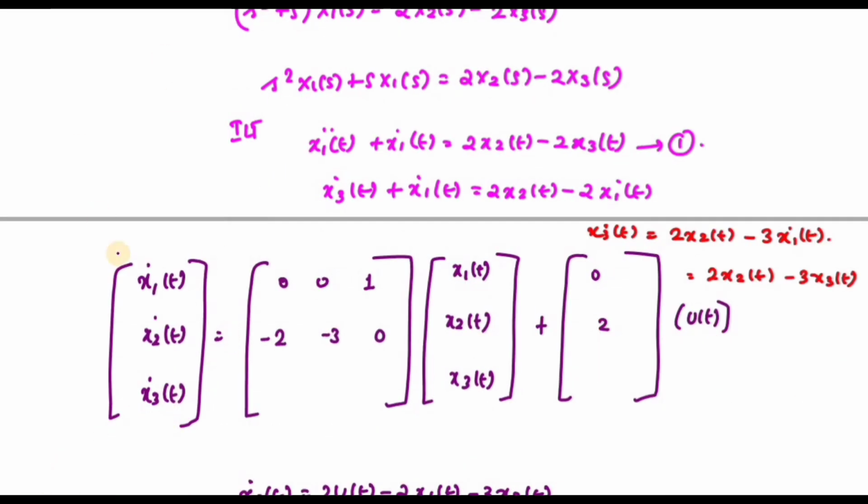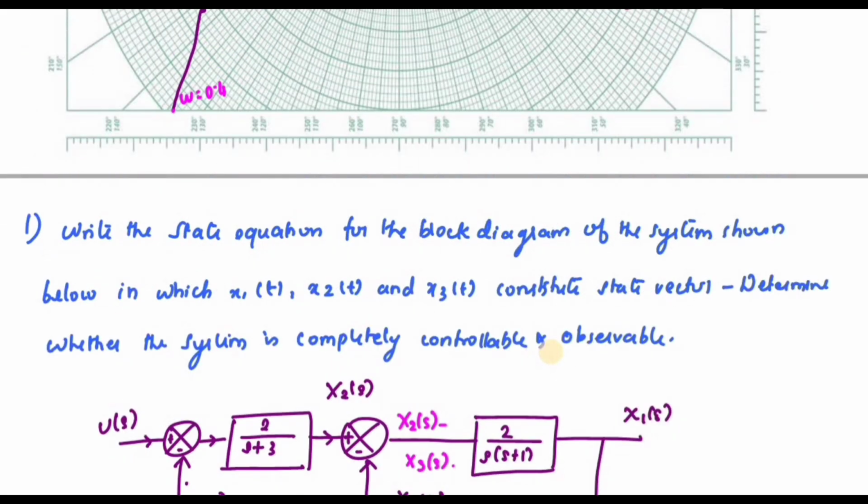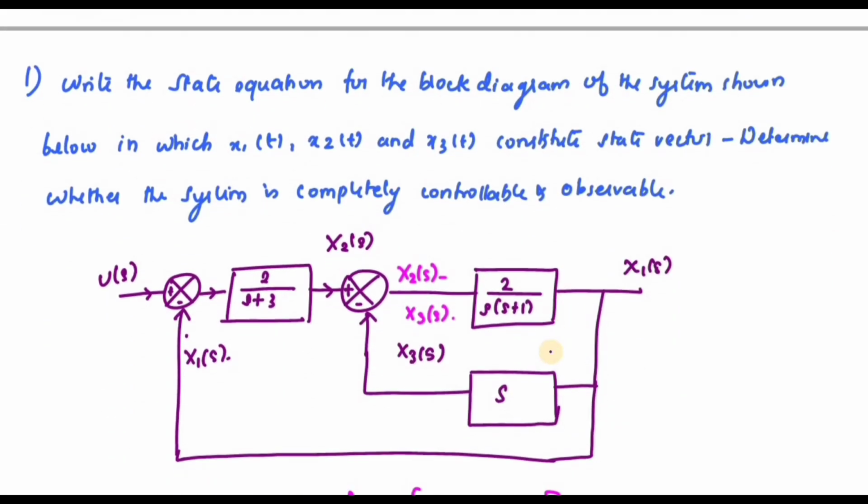So now we substitute in this matrix. For x3 dot(t), you have 2x2(t) minus 3x3(t). This is also 0 and this is also 0. So this is how you have to form the state vectors.